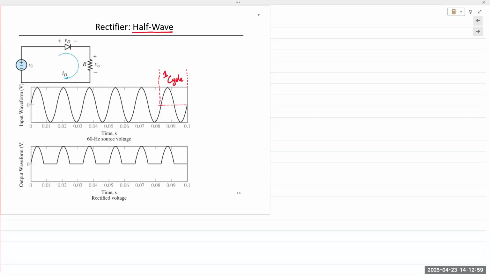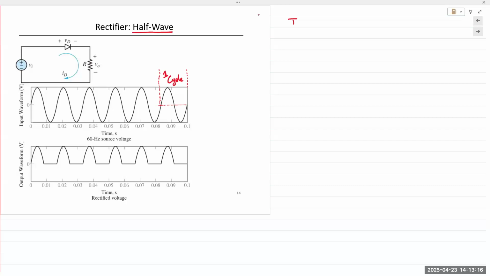So one full cycle of the waveform is one time period with a positive half and a negative half. Okay, so a half wave rectifier will either rectify the positive half or the negative half, depending on our requirements.